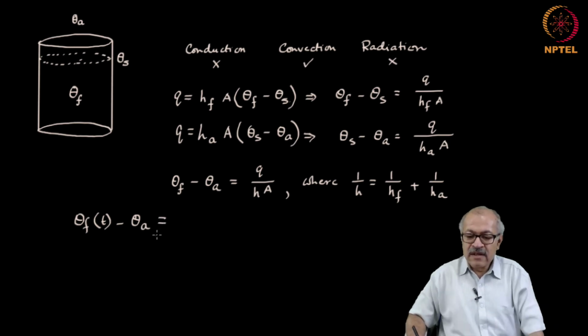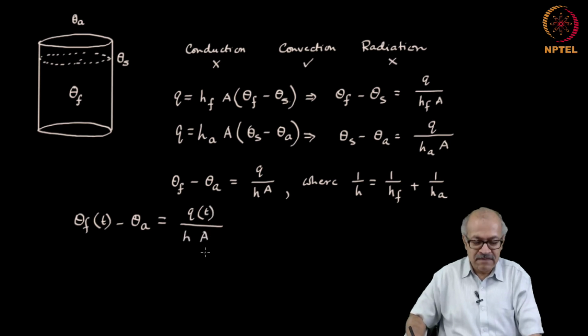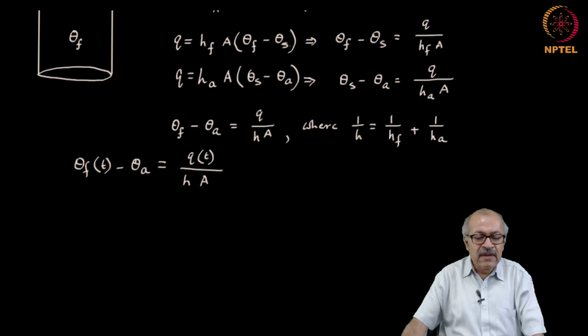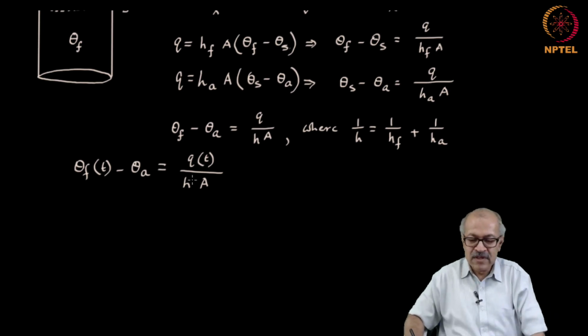Now, here the q, the amount of heat that goes, depends on the temperature difference, and therefore, it will not be a constant. So, this will also be q of T; h times area, these are the things that do not change. So, we have obtained some kind of a relationship joining these two variable quantities.